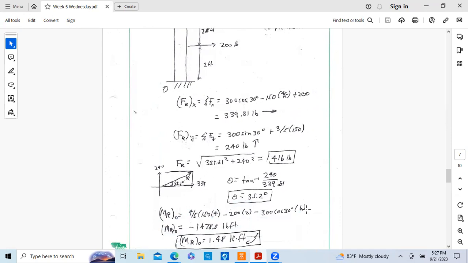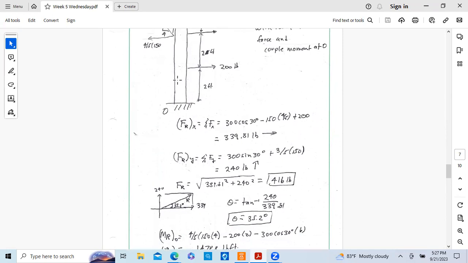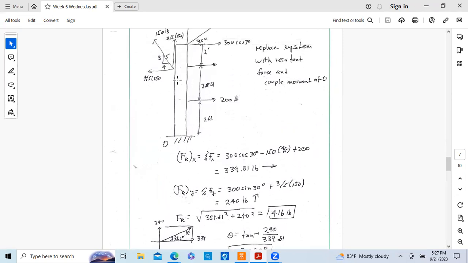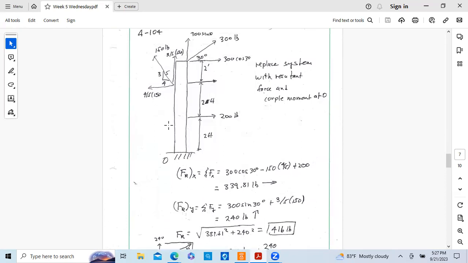And the second thing we need to do is calculate the moment about this point O. And the only forces that are going to contribute to moment are the X components. The Y components pass through this point, so there's no moment created. So this Y component and this Y component won't contribute any moment, just the X components, and there are 3 X components.